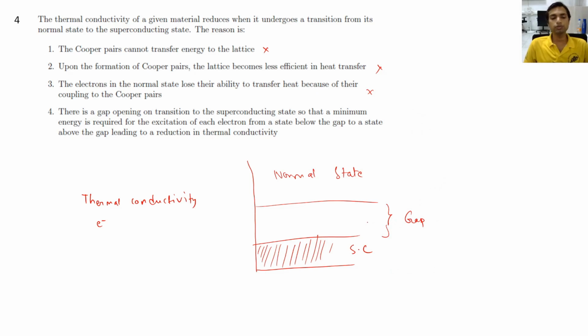Now some of the electrons which are in the superconducting state, for them you need to give certain extra energy so that they come to the normal state and can participate in the heat conduction. So that is why, because of the presence of this gap, the thermal conductivity will reduce.